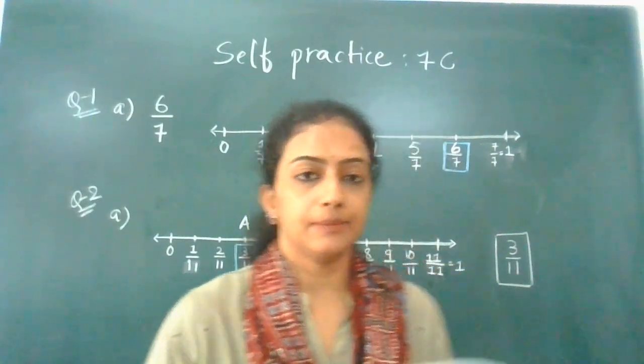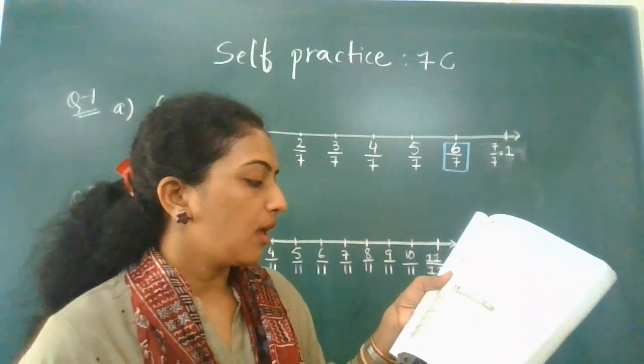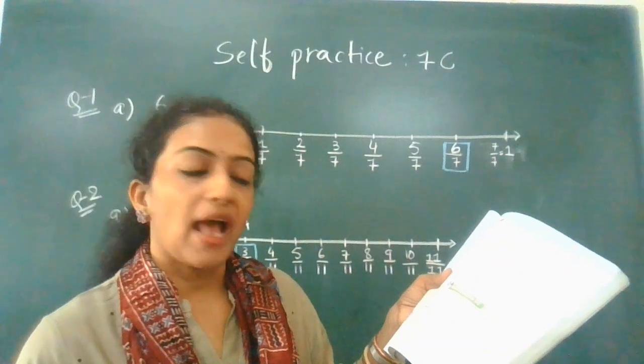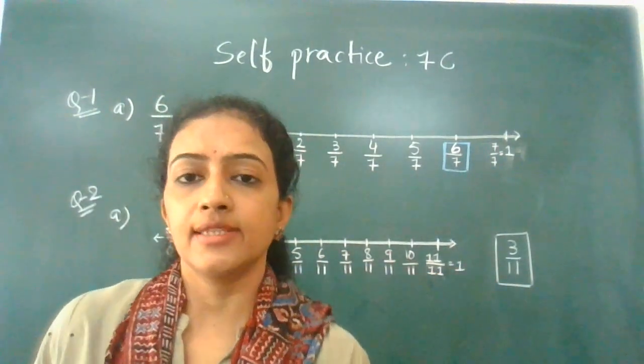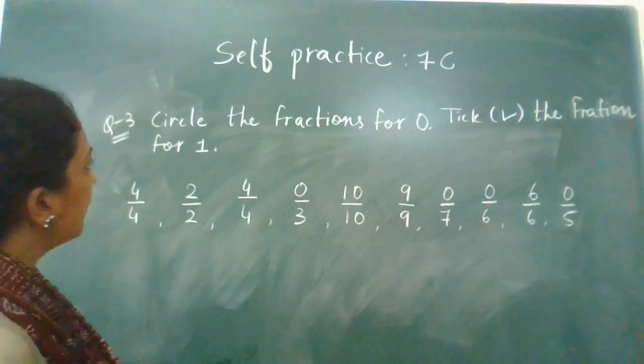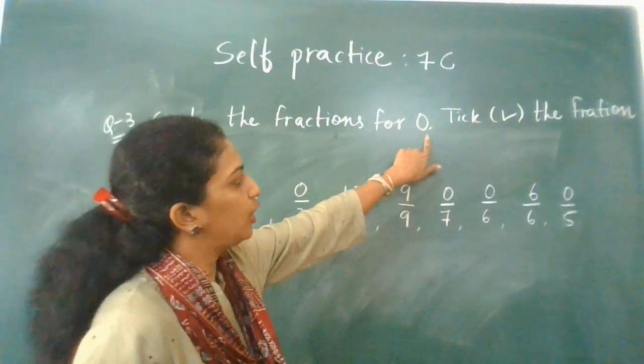Now question 3. Question 3 says circle the fractions for 0 and tick the fractions for 1. Let's do this question. Okay, so this is our question 3. It says circle the fractions for 0.